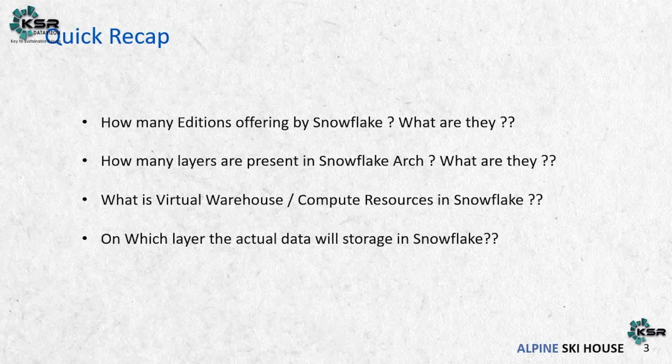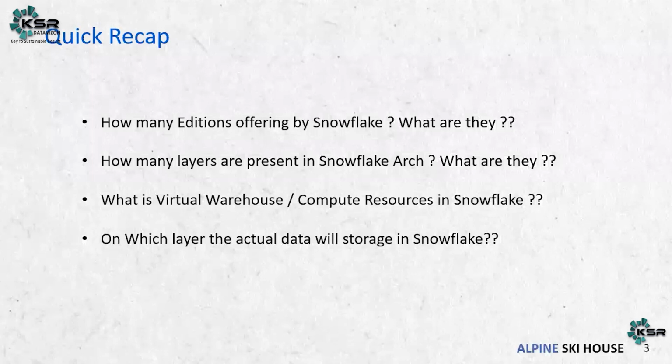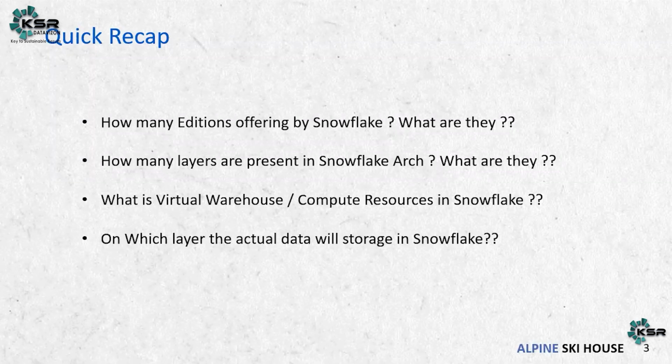Yesterday we also discussed the Snowflake architecture. It has a cloud services layer, compute resources or virtual warehouse, and a storage layer. Those are the three major layers in Snowflake. Whatever you fire on Snowflake, all that information is stored in the cloud services layer.